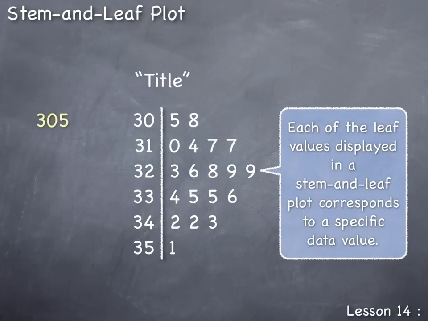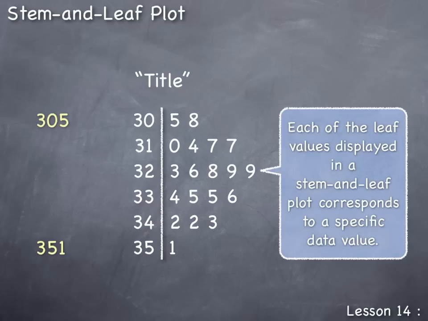The last leaf value, the 1, is drawn directly across from the stem value of 35. Together, the 35 stem value with the 1 leaf value corresponds to the actual data value of 351. 351 was the maximum data value in this sample.